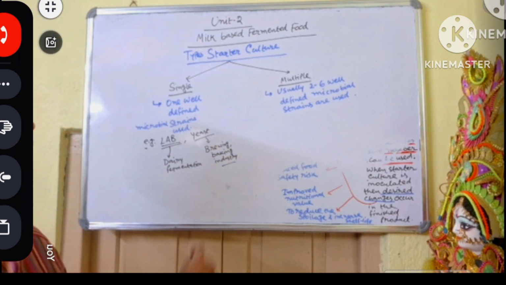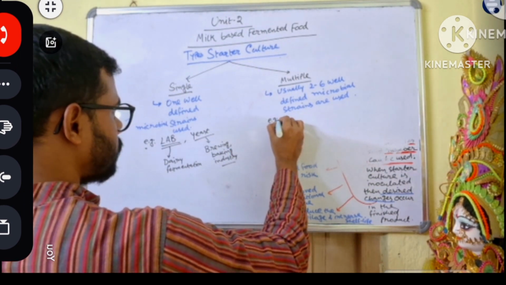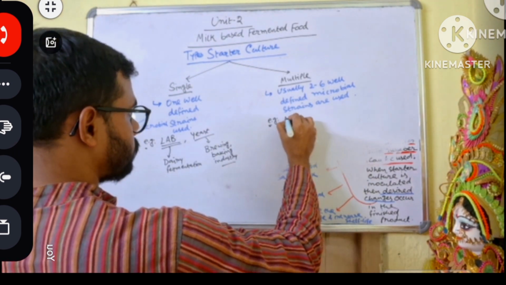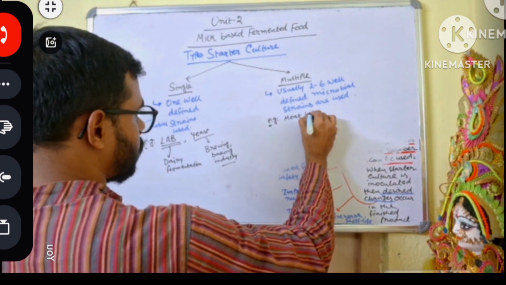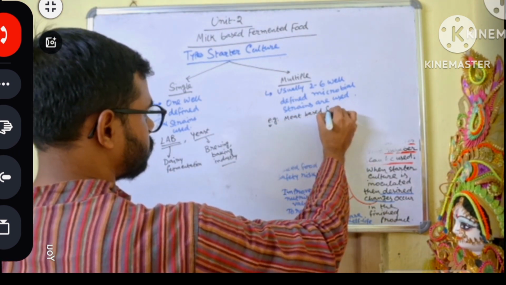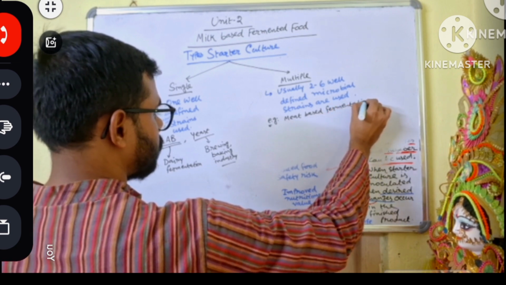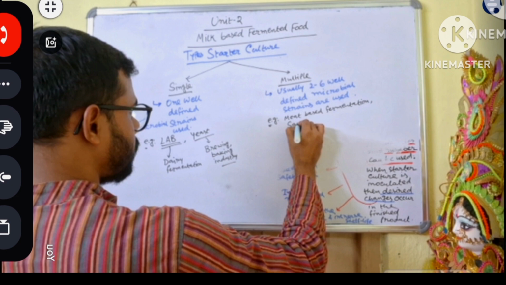Multiple starter cultures are used in meat-based fermentation, that means sausage making.